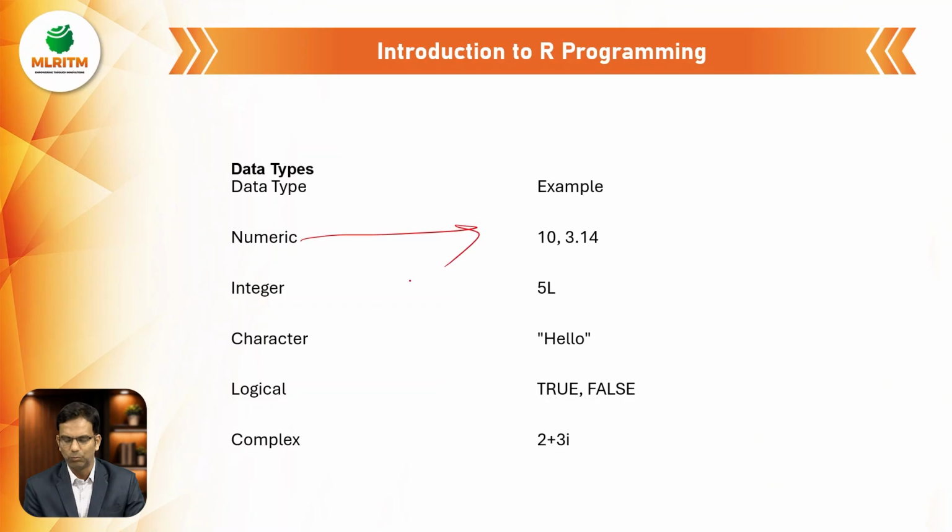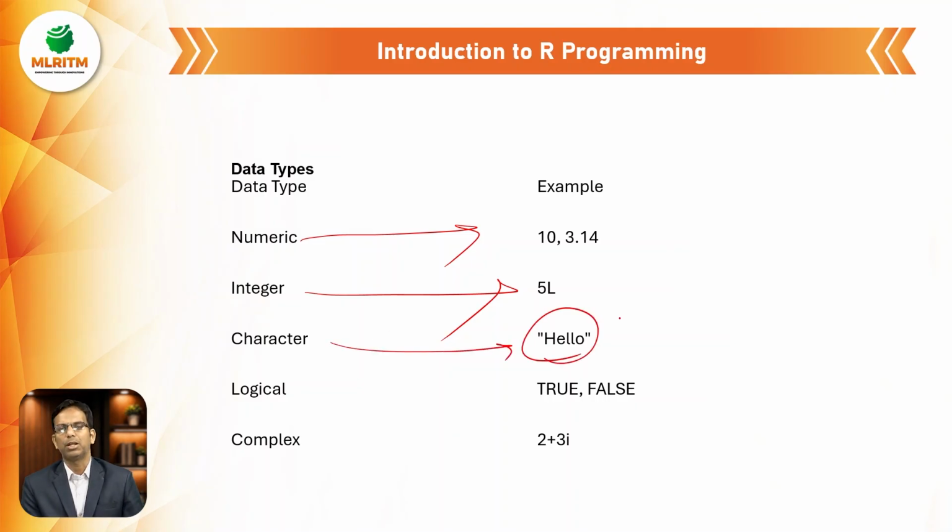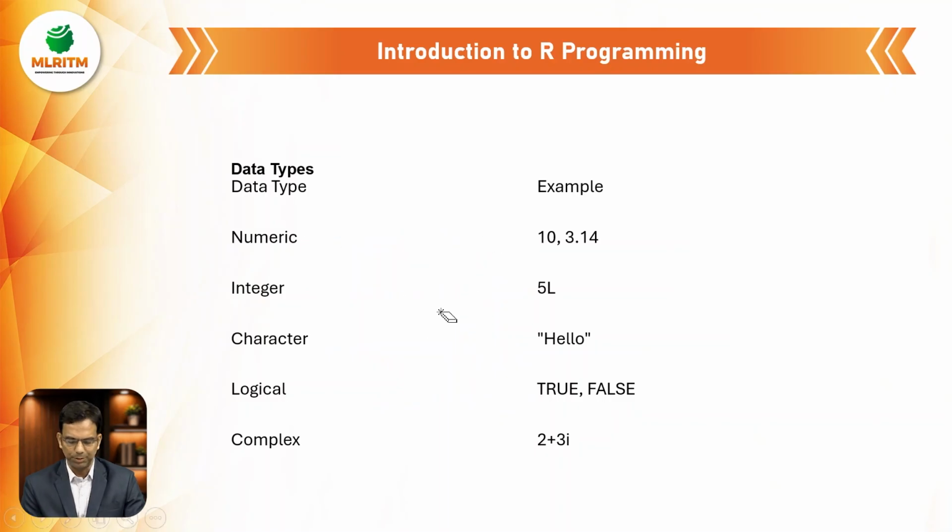Numeric means which category of data you have to write. Integer means which type of data you have to write. Character means which type of data you have to represent in data science, either a single alphabet or a group of alphabets. Logical means which type of data you have to process in data science. And complex means the complex structure data, how it can be and in which format we have to process it.